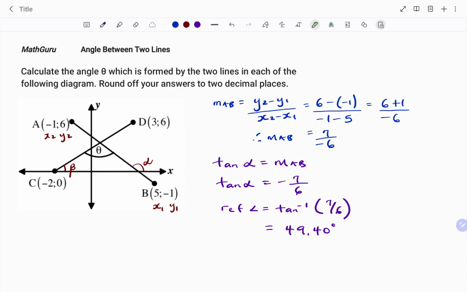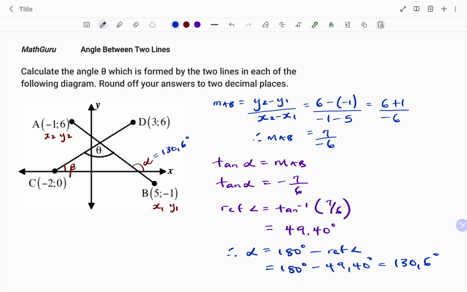Therefore, in order to get alpha, alpha will be equal to 180 degrees minus the reference angle, which is equal to 180 degrees minus 49.40 degrees. And my answer will be 130.6 degrees.